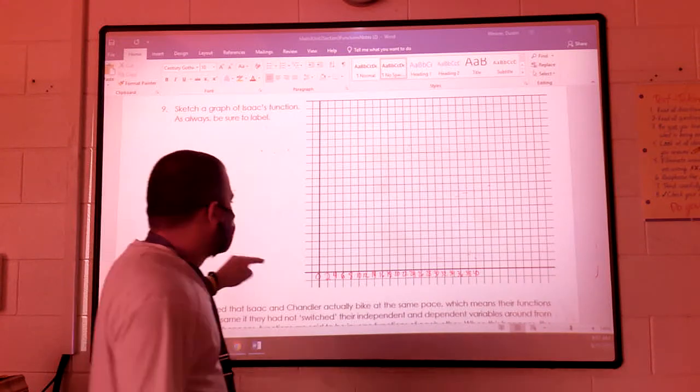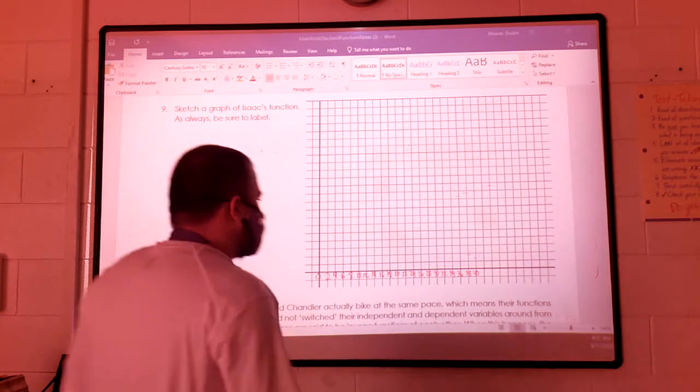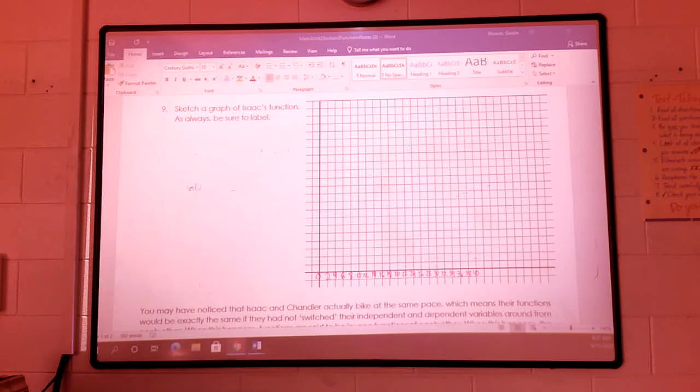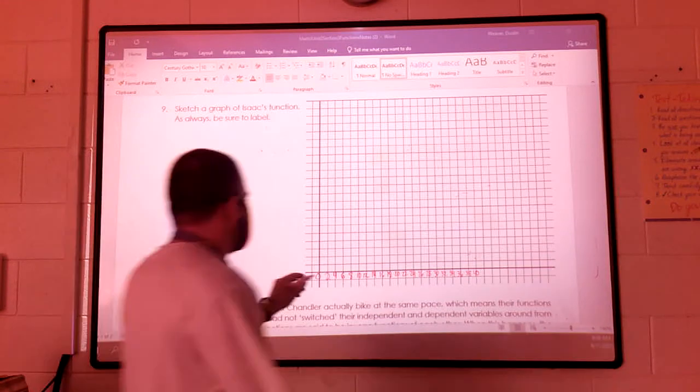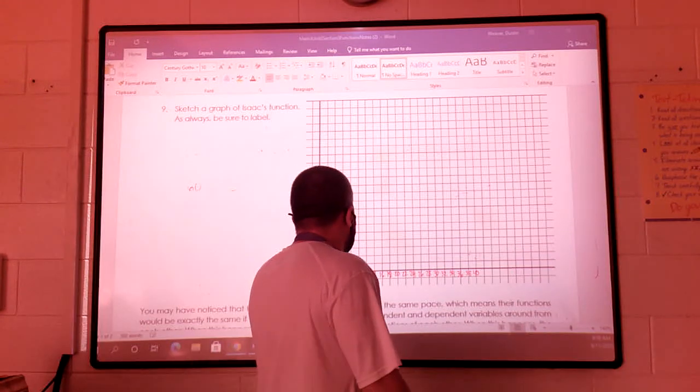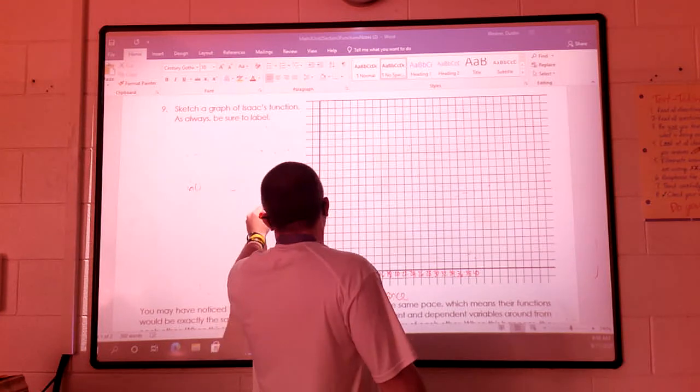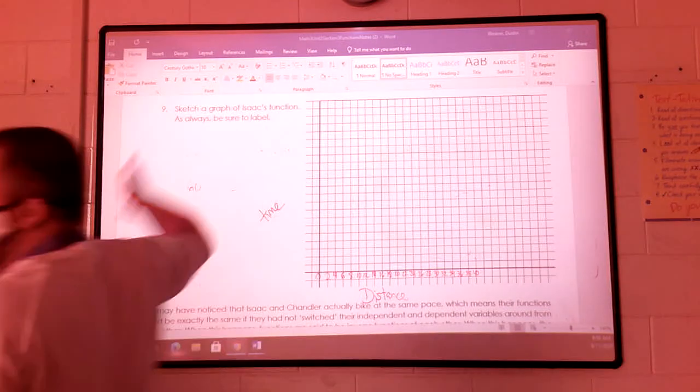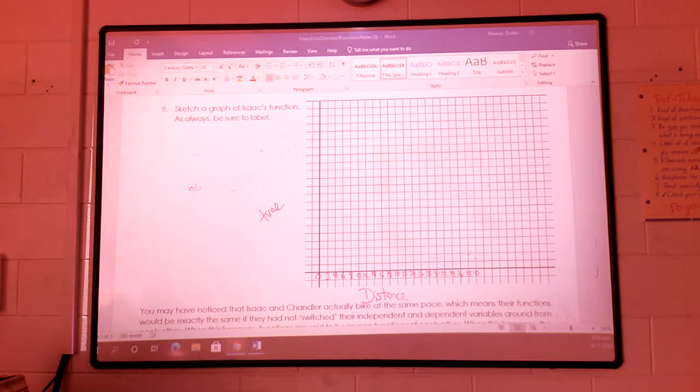And this is on the x-axis, right? So this going to 40, this is his distance in miles. So this is the distance that he's traveled. And then the time is actually up here. The time is going to be the vertical axis. So for time, we're going to do the same thing that we did earlier. We'll just go up by 5s.